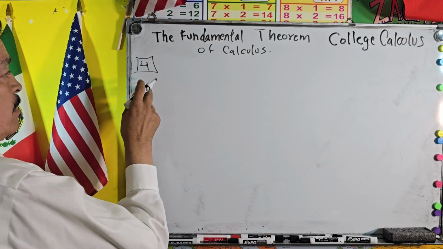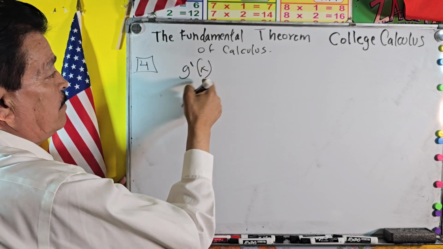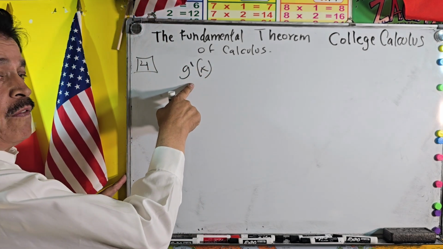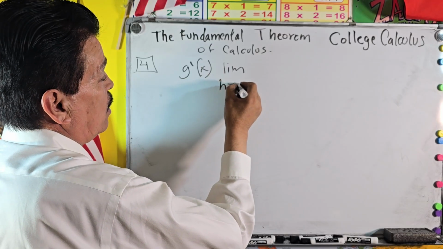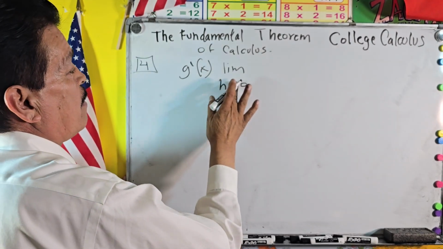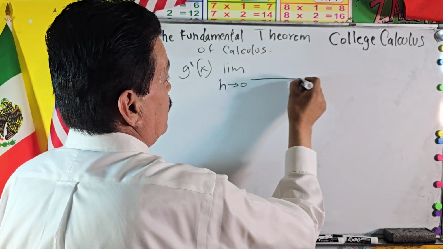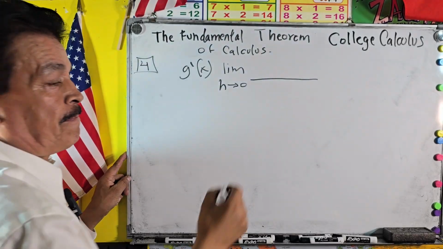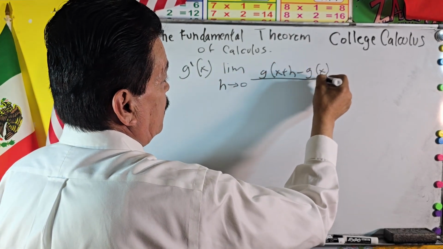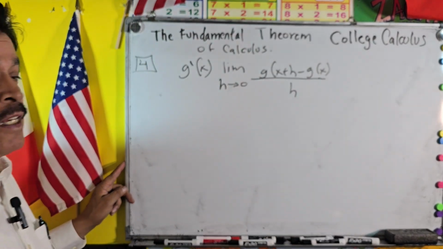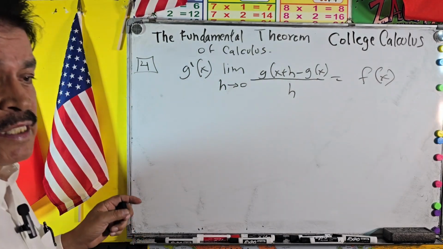This is very important. Number 4: g prime of x is the limit when h approaches 0 of g of x plus h minus g of x divided by h, which equals f of x. That's the conclusion in this step.